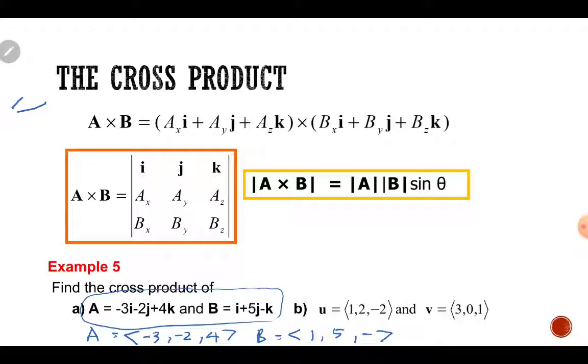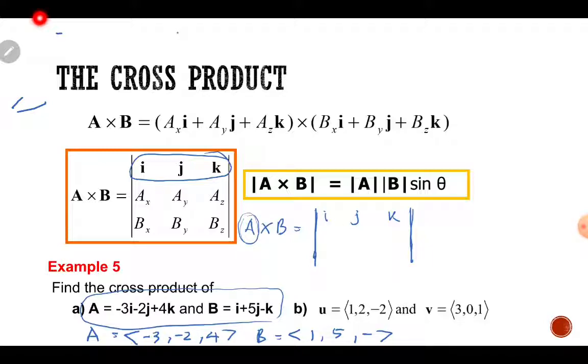Okay. So to find its cross product, A cross dengan B, you just find the determinant dalam matrix tu, where the first row is always i, j, k. Tak kisah soalan dia apa, it's always the unit vectors i, j, k. And the second row is the first vector that you want to find its cross product.